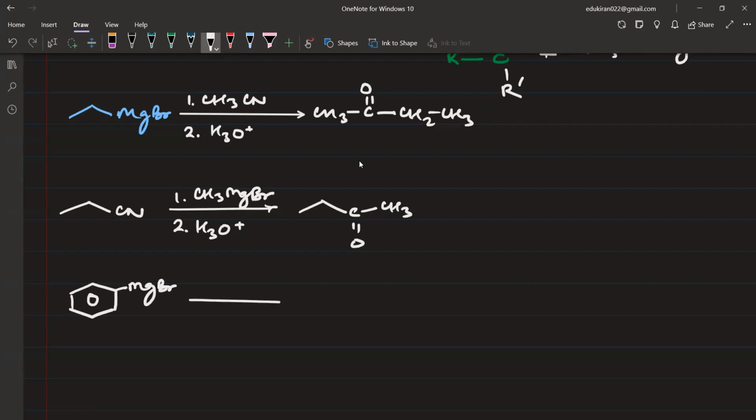If it is like this, first step में CH3CN, second step में H3O plus, write the CH3C double bond O, and then the Grignard reagent का alkyl group क्या है यहाँ पे benzene ring. So ये मिल गया आपको क्या? This is acetophenone.